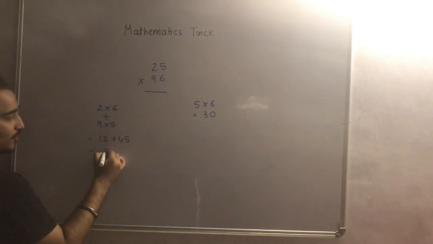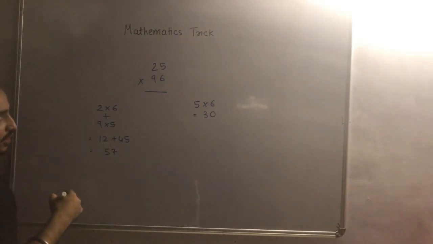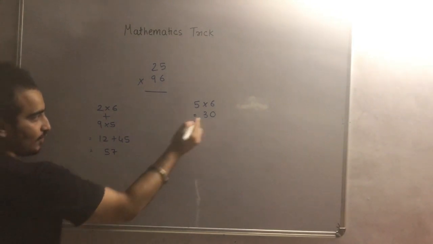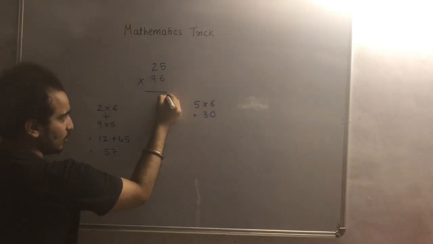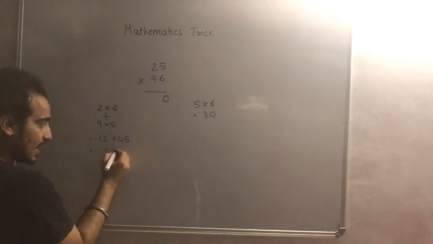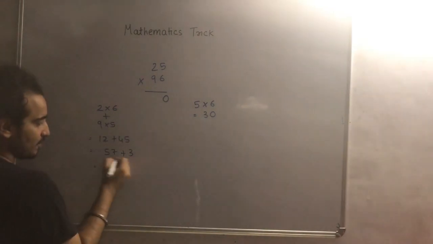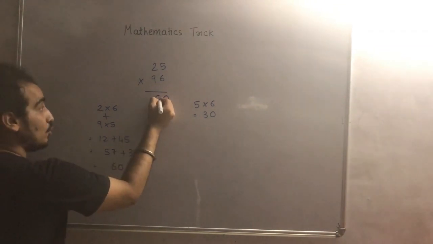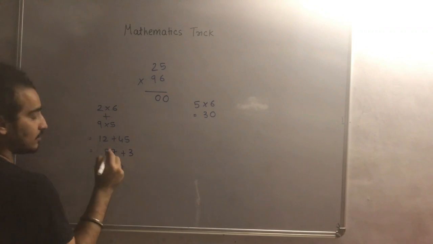So 45 plus 12 is 57. Okay, so 57 and 30. So now we have to keep this 0 as it is. Now this 3 will be carried on and added to 57. 57 plus 3 is 60. So we will keep this 0 and keep that 6 for carry.